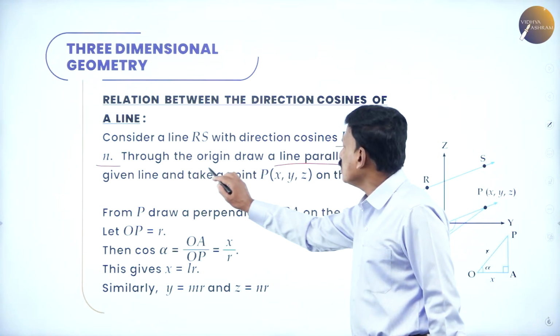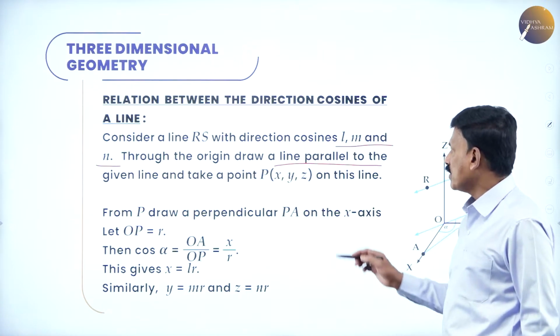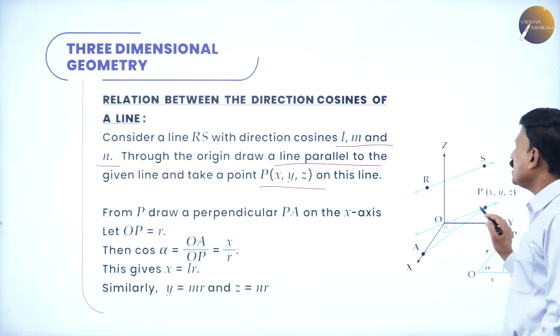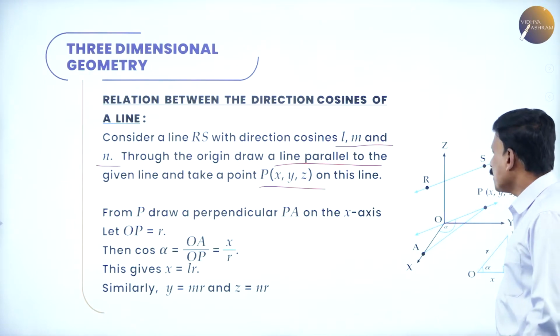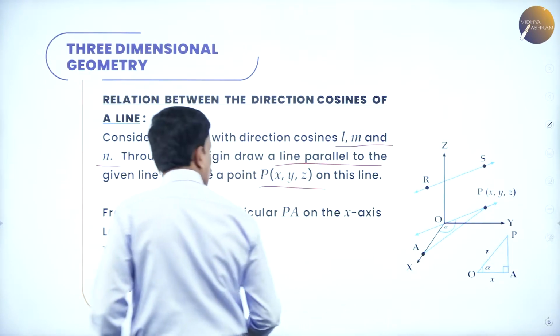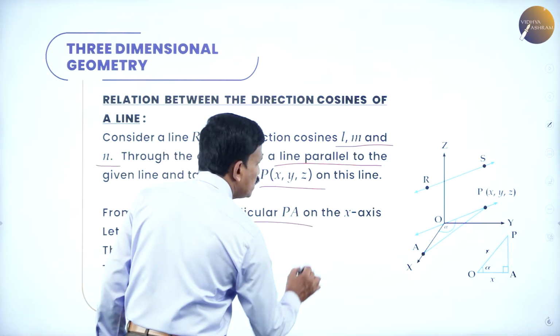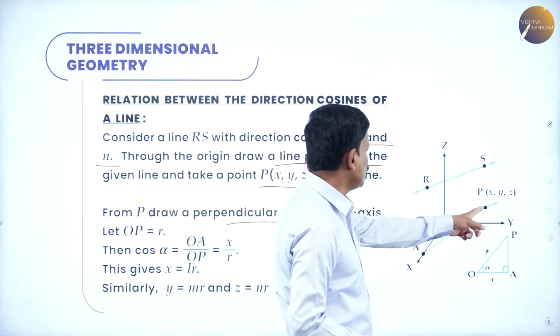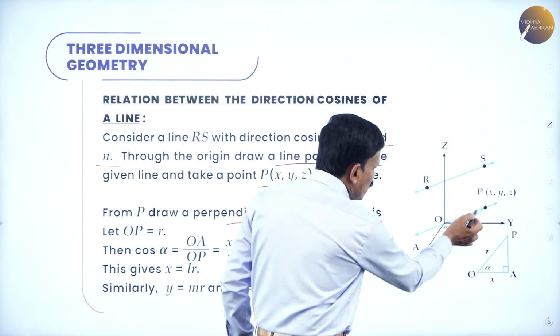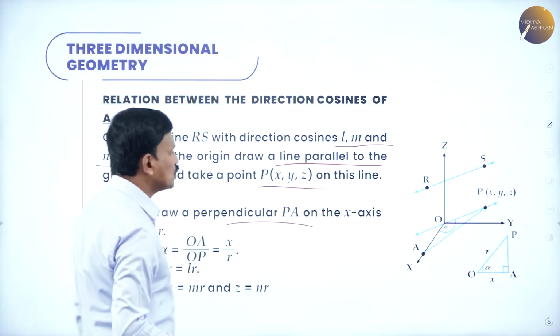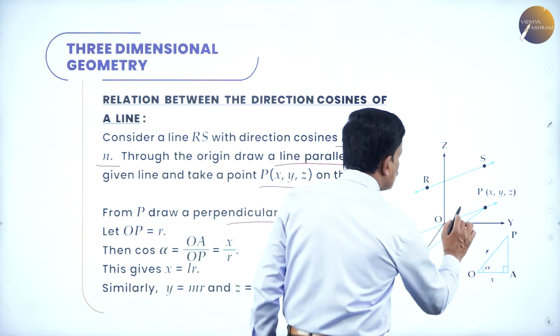The line is drawn parallel to the given line and passes through the point P(x, y, z). Okay. Now, from P, draw a perpendicular to the x-axis, meeting it at A. Let the distance OP be equal to r.